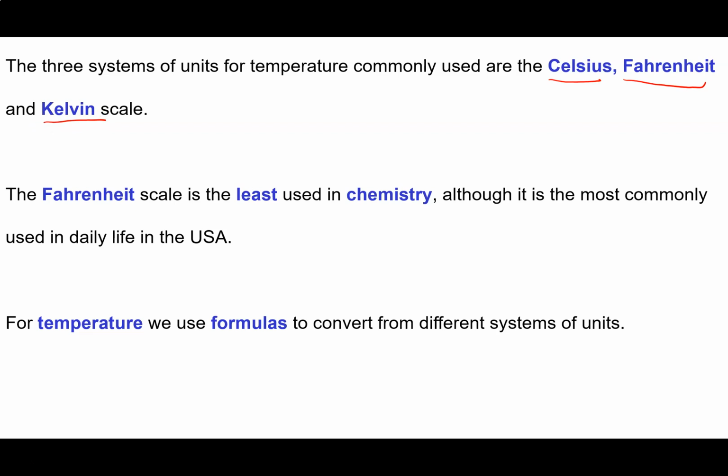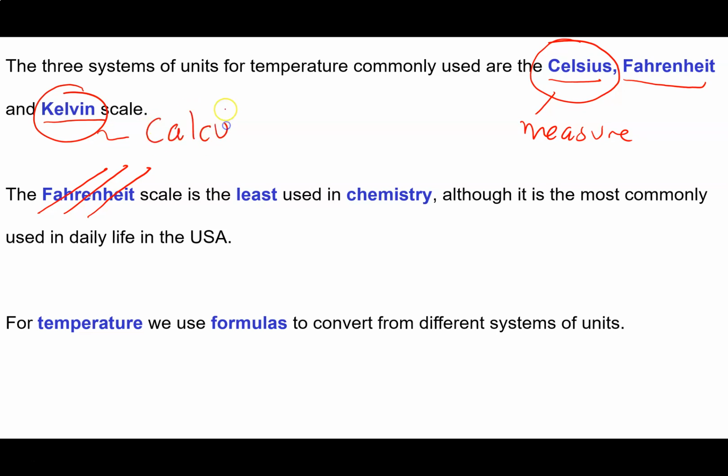Now, I gotta say that I've never seen the Fahrenheit scale used in the chemistry lab, but I do frequently see Celsius and Kelvin used. Often we like to measure in Celsius because it gives us nice numbers that are comfortable. But then we normally use the Kelvin scale whenever we're doing any calculations.